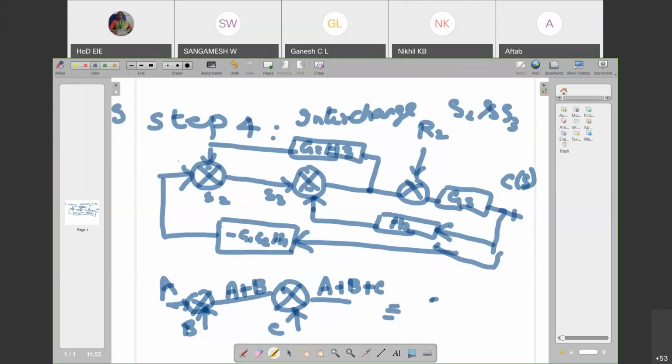And if I interchange them, the C is an input, A and B are the other inputs. A and C are the inputs and B is the other input.